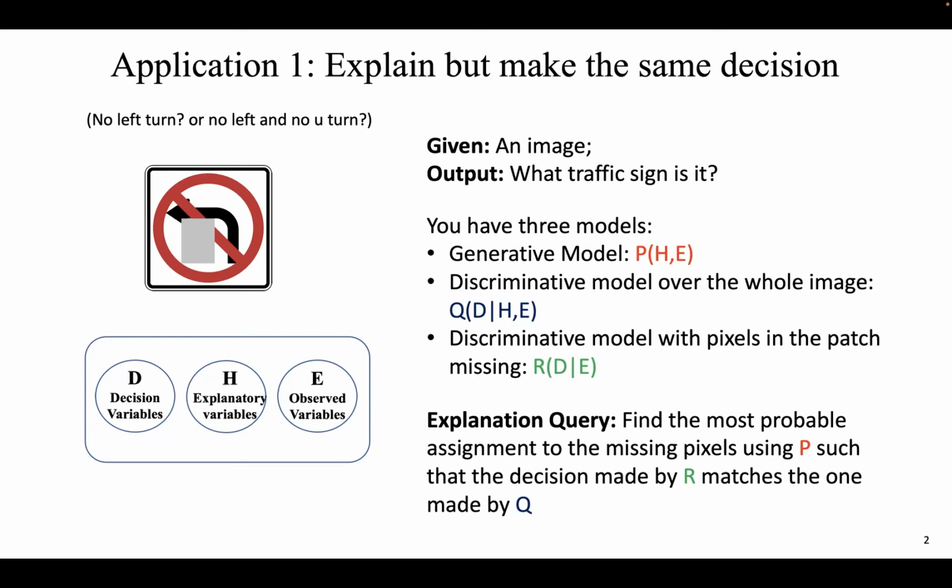The completion of the image is nothing but the explanation. In many cases, the generative model will not conform to these discriminative models, even though it is good at doing all these completions and explanations, and we don't want that to happen in the real world. So that's the task we are trying to solve, which is generating these so-called same decision explanations.